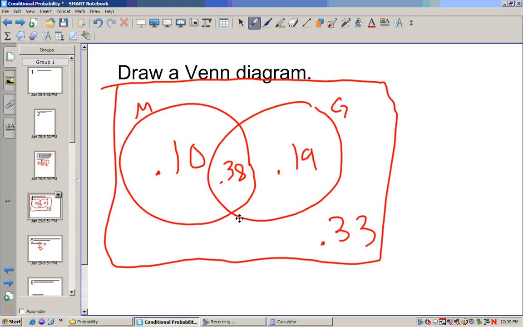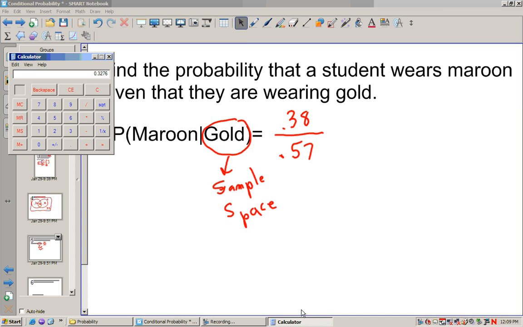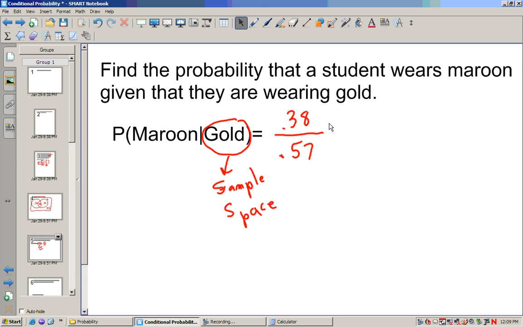Out of this group, what's the probability that they wear maroon? Well, it's 0.38 out of the whole group. So 0.38 over 0.57 is the probability that someone's wearing maroon, given the fact that they're wearing gold. If I put 0.38 divided by 0.57 in my calculator, we get 0.6 repeating. So there's about a 2/3 chance that they're wearing maroon, given the fact that they're wearing gold.